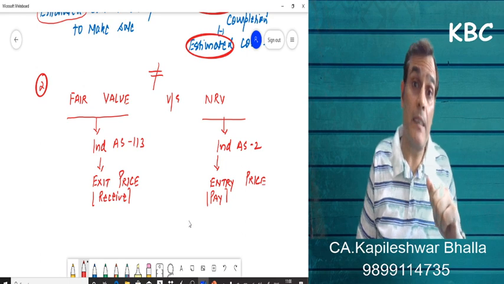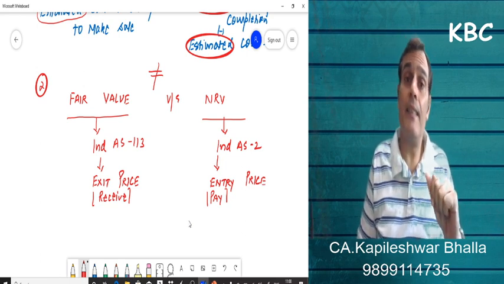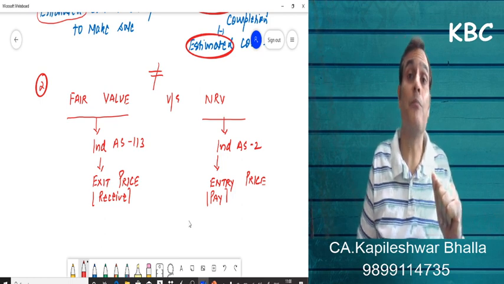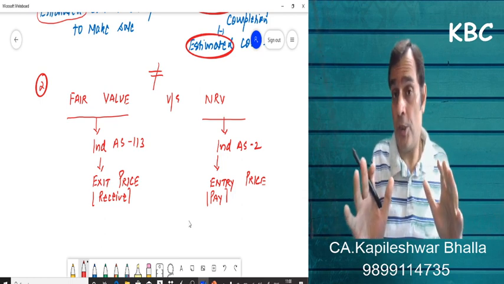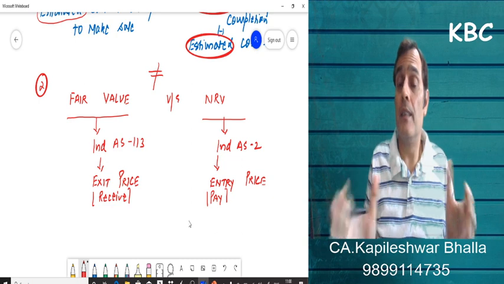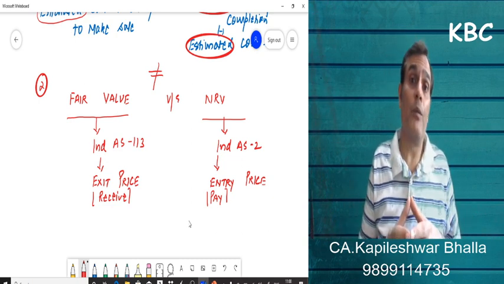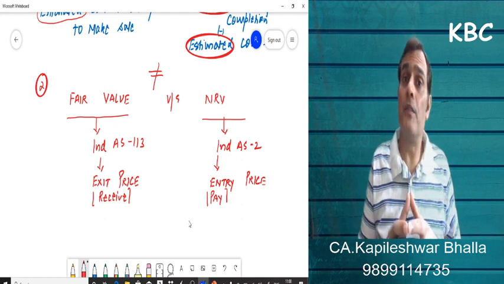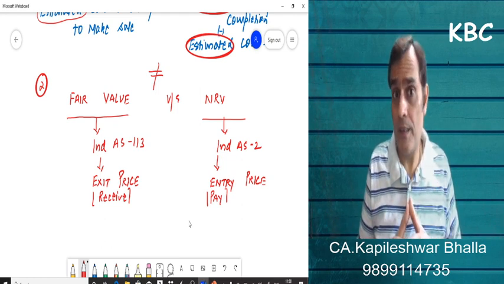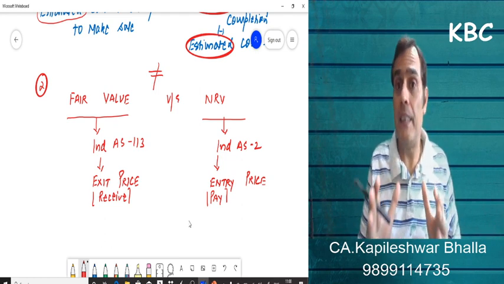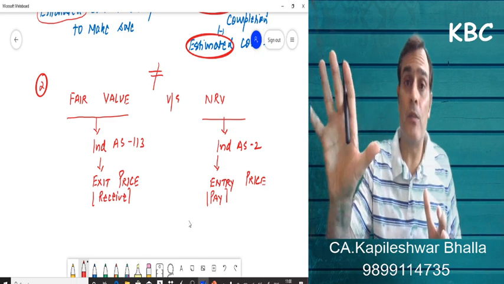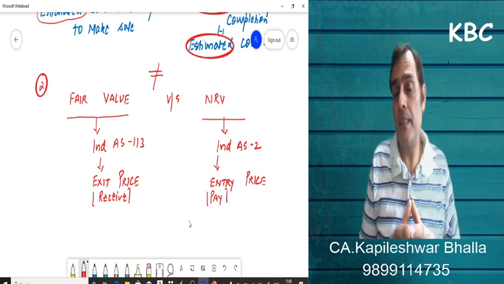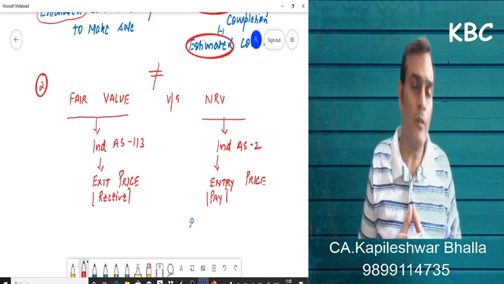There could be instances where the entry and exit price are the same, and consequently the selling price and the fair value become the same. But generally, the concept of fair value and net realizable value is going to be totally different. So we can certainly say one thing: as far as Ind AS 2 is concerned, it is based on a selling price, an entry price, and not on the concept of an exit price, not on the concept of fair value.